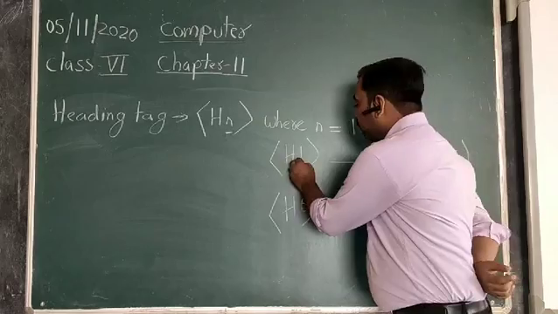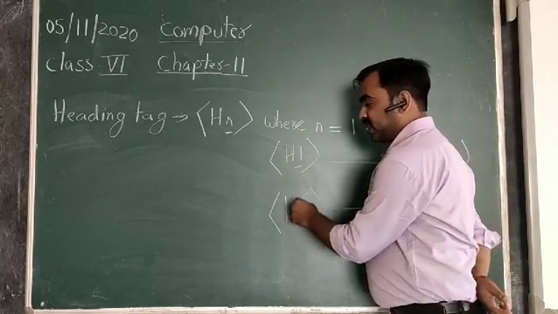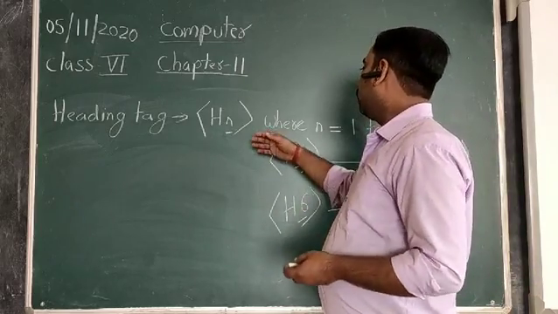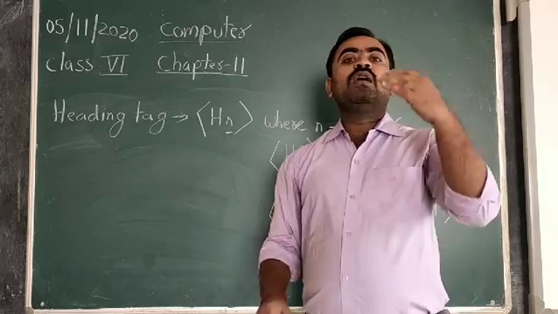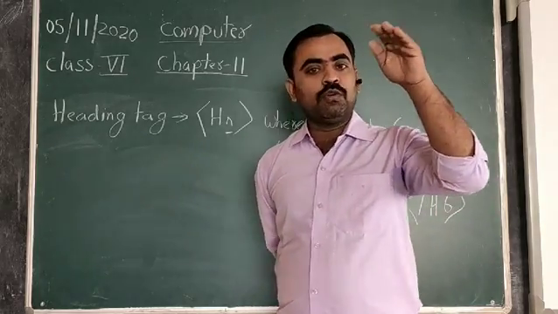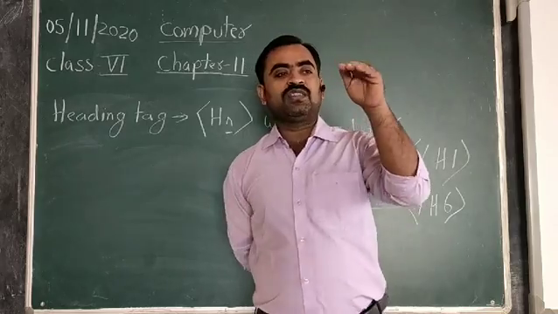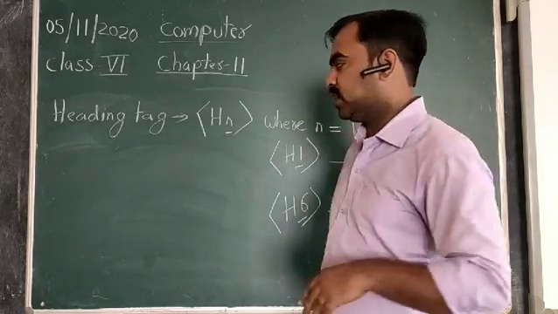Because the value 1 is greater in size and the value 6 is less. So the value of n can be from 1 to 6, but as you move from 1 to 6, the value of font size decreases.